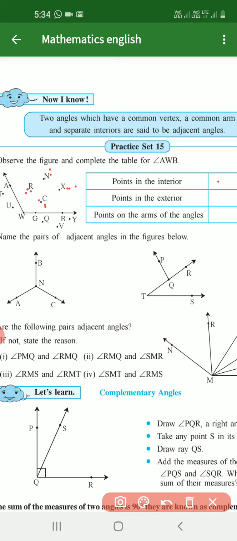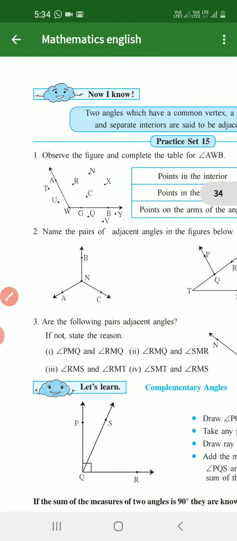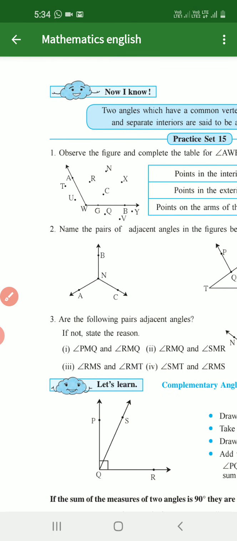Then next is points in exterior. Which are the points in exterior? If you'll see this, T, U, Q, V and Y, these are the points in the exterior part.